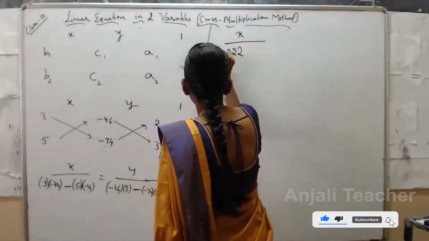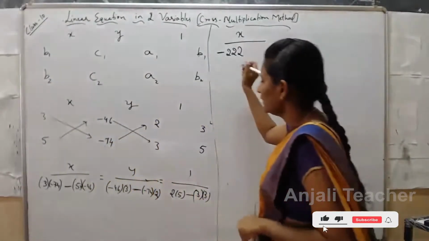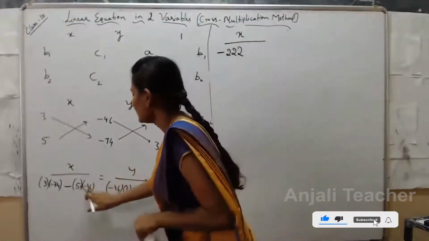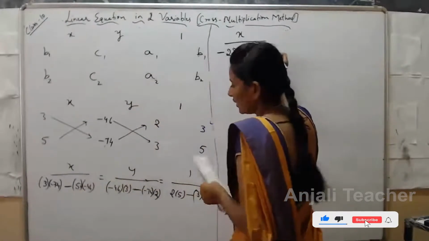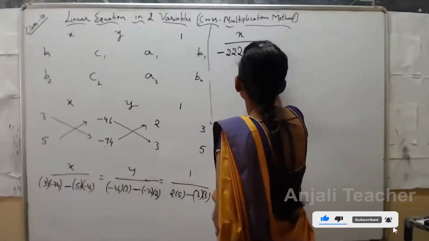See, don't forget the sign. Minus into minus is plus. 46 into 5 is 230.